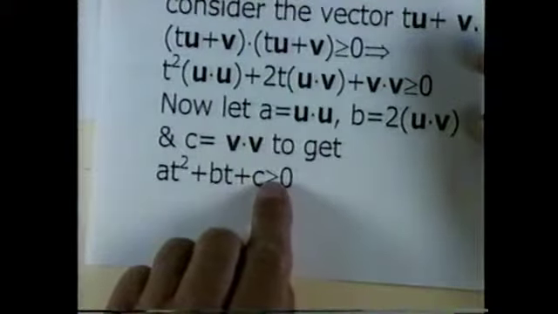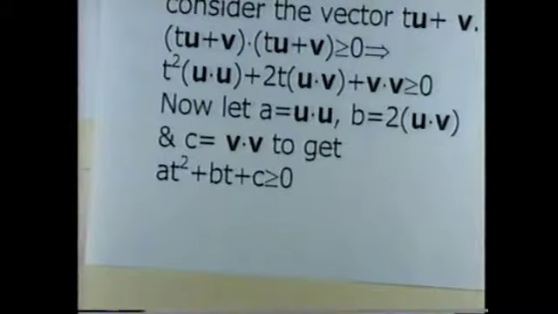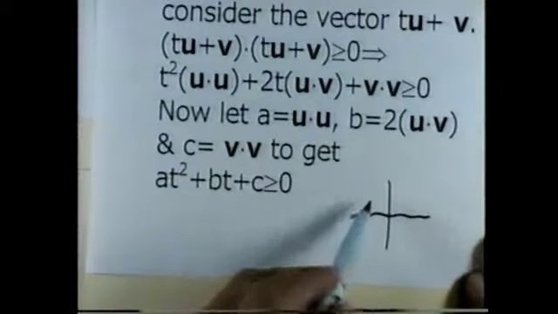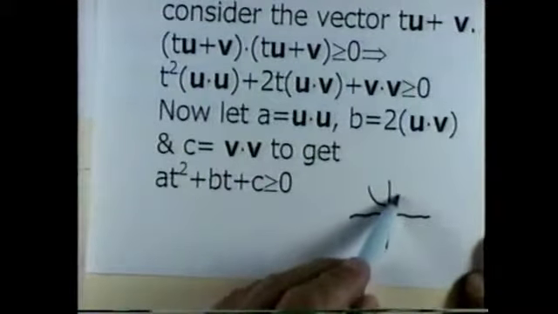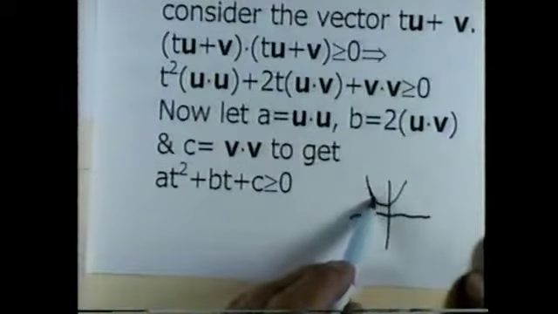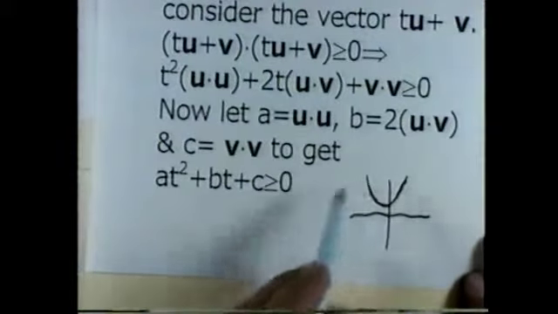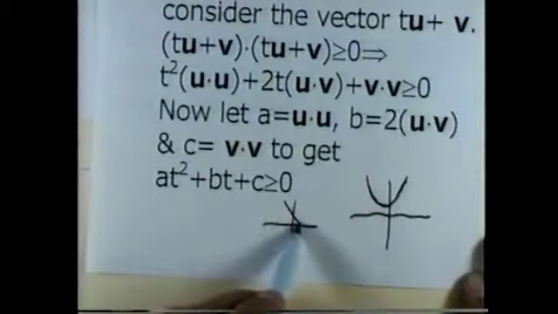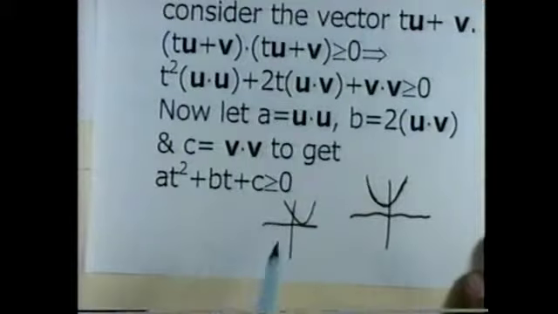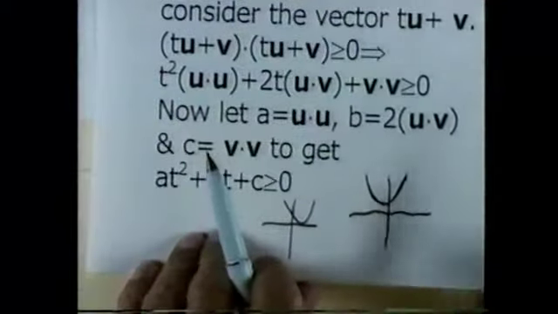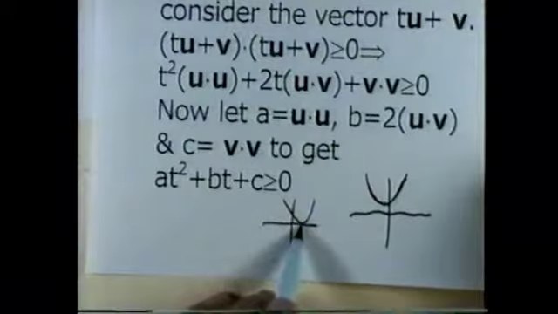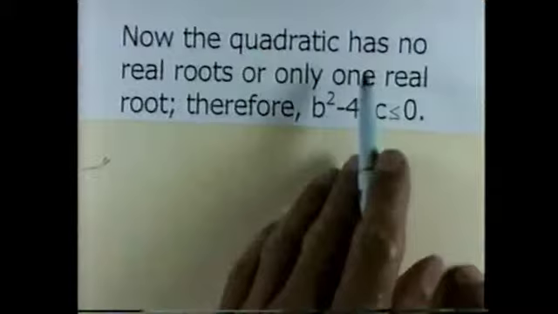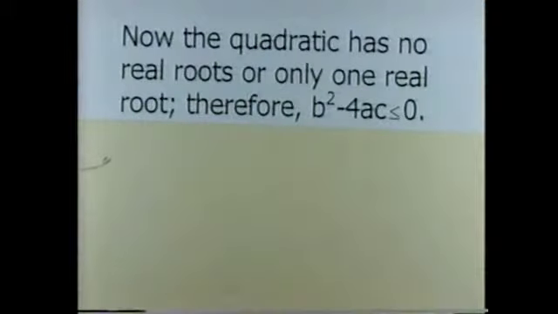Now if it's strictly greater than 0, then the graph of it would be coming like that, because if it's greater than 0, that means the quadratic is always positive. Now if it were equal to 0, then it could touch it. Well, in any case, it's going to either have no real roots or only one real root.